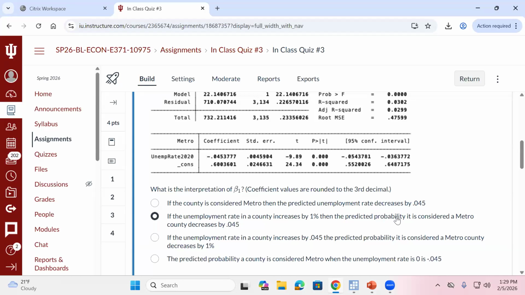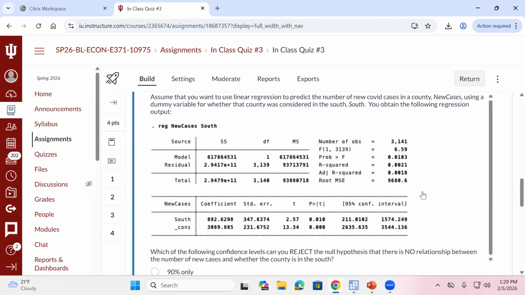Okay. So if instead I come down here, just introducing these ideas, what if instead my independent variable, my X variable, is a dummy variable? So here I'm trying to predict the number of new COVID cases from whether or not that county was in the South or not. The idea in the South, it's warmer, people are less likely to be cooped up inside around other people, and so maybe there was an effect on the number of cases.